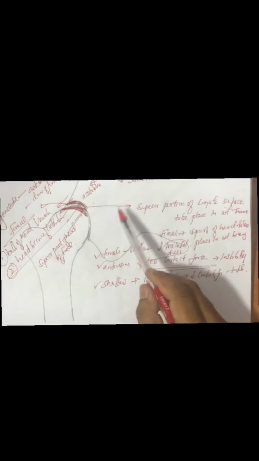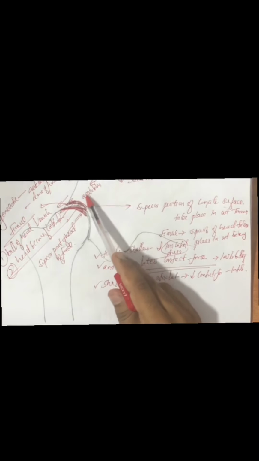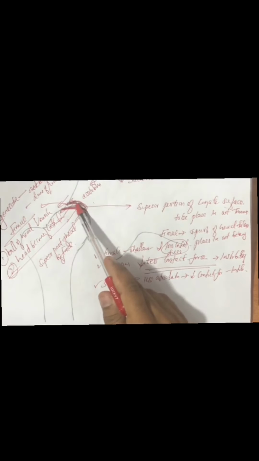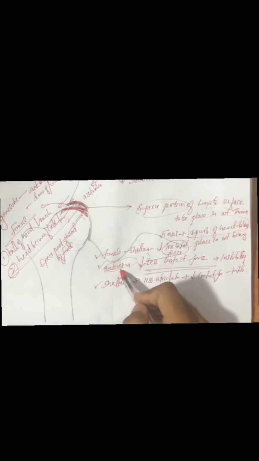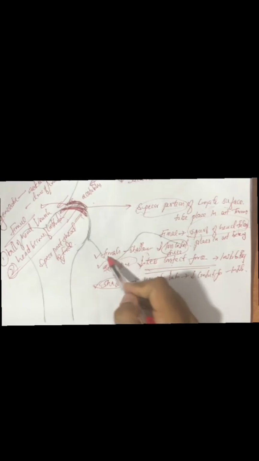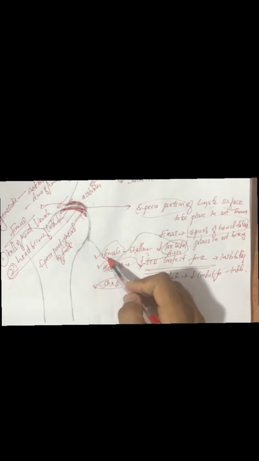The thing is that the weight is transmitted to the hip joint and to the acetabulum. When the weight is transmitted, it is only transmitted to the superior portion of the lunate surface, and in the femur also, only the superior portion acts. So if there is less coverage, then there is less contact force, which leads to instability. That can happen in the case of anteversion, when the acetabulum is shallow, and in the case of females.